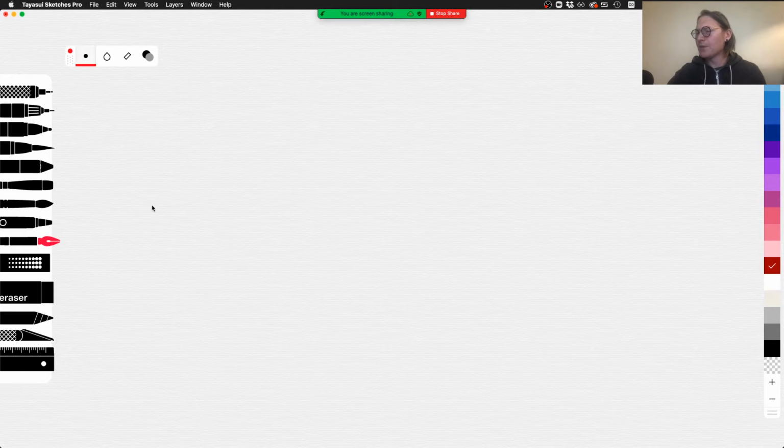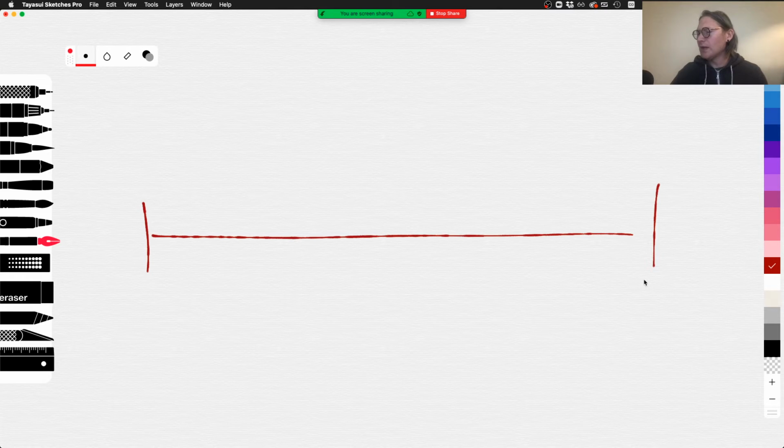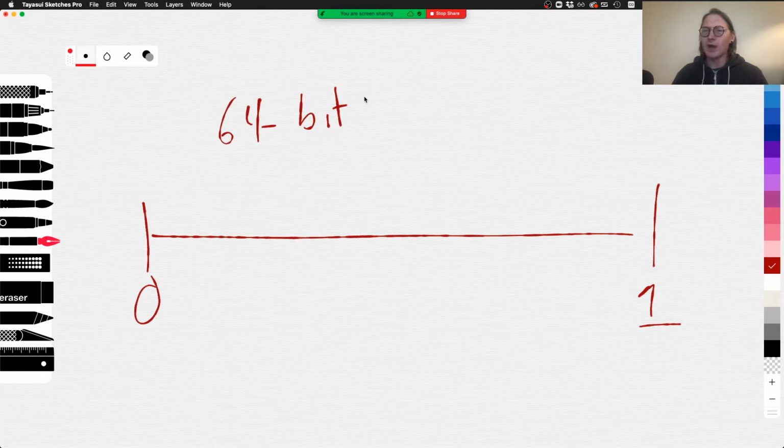So, fundamentally in a computer, even if we have all values from 0 to 1, in some deep way, no matter how we encode that, it's not truly continuous, right? We've got this idea of a 64-bit float, and a 64-bit float is going to have some discrete bounds on the number of values that it can represent.